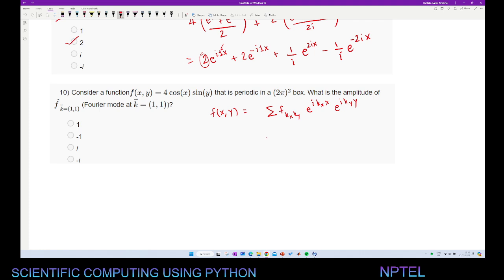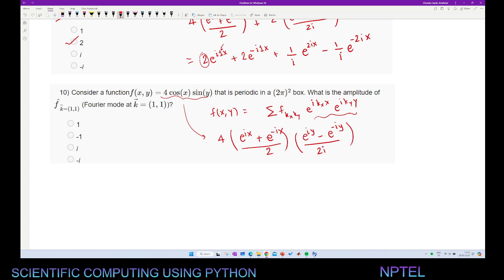So we have to transform this one into something that looks like this, and that is again very easy. 4 times cosine x, which is e to the power ix plus e to the power minus ix divided by 2, and sine y, which is e to the power iy minus e to the power minus iy divided by 2i.